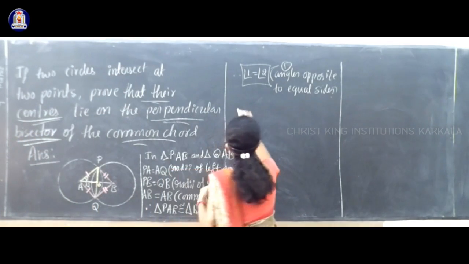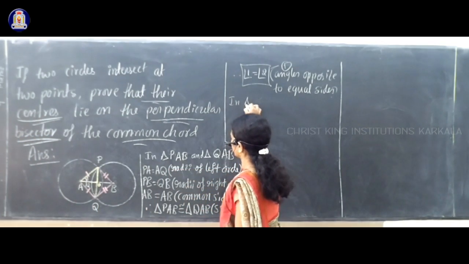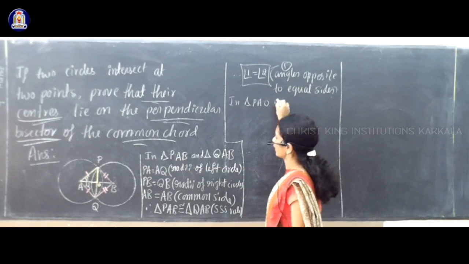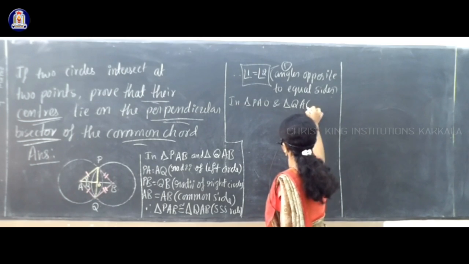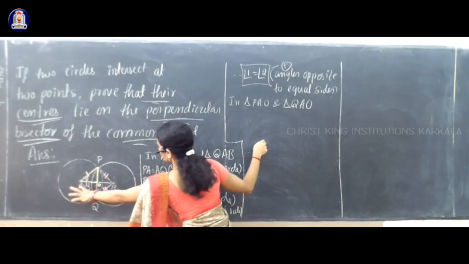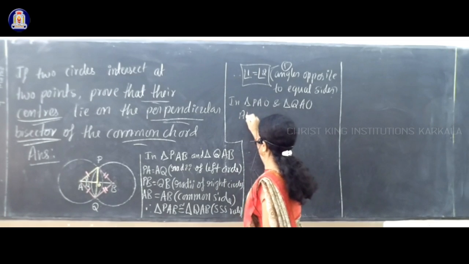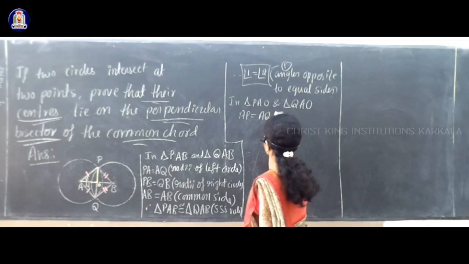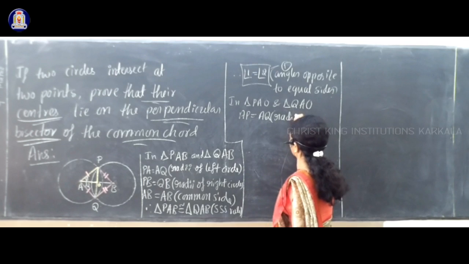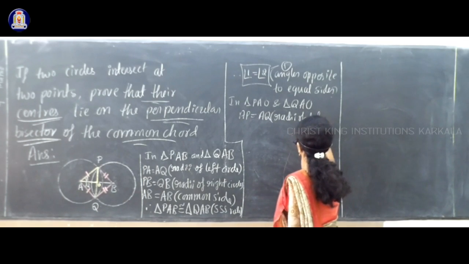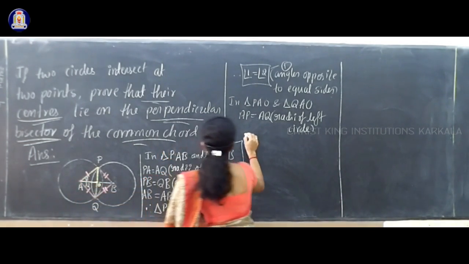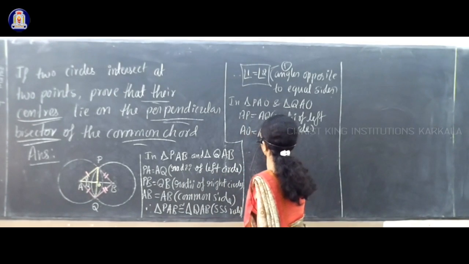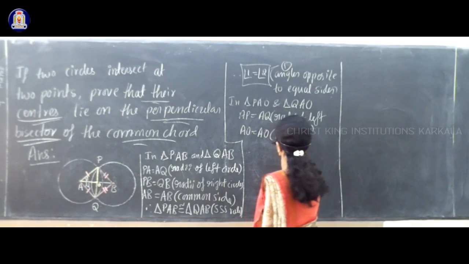So we consider the triangles PAO and QAO. One pair of marked sides is already equal: AP is equal to AQ, radii of the left circle. And here is a common side: AO is equal to AO.